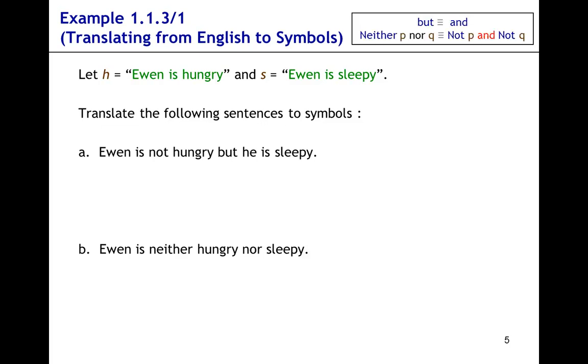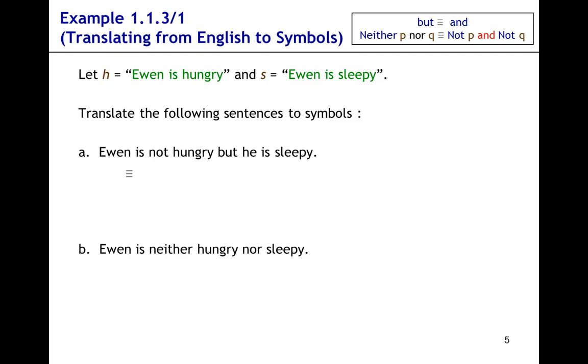Now we are given that little h represents Ewan is hungry and little s represents Ewan is sleepy. How should we translate these sentences to symbols? Part A says, Ewan is not hungry but is sleepy. Remember, the word but has the same meaning as and.